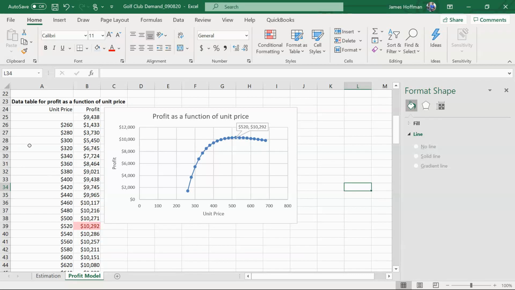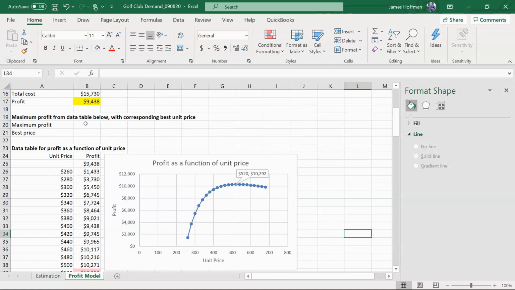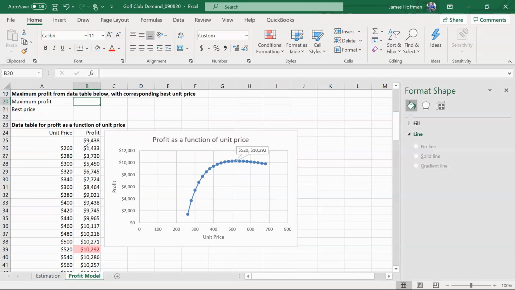Okay, so the last thing we need to do for this part is see up here, you've got the maximum profit data table below with corresponding best unit price. I think the easiest thing to do here is just reference the cells. So your maximum profit is this, and your best unit price is this.